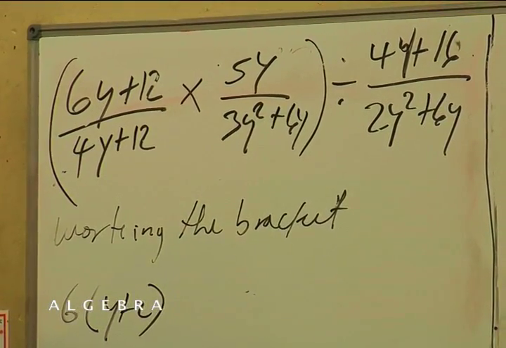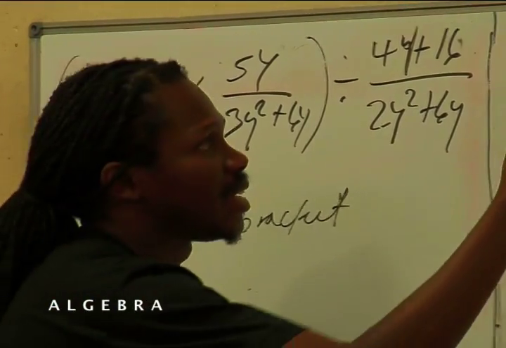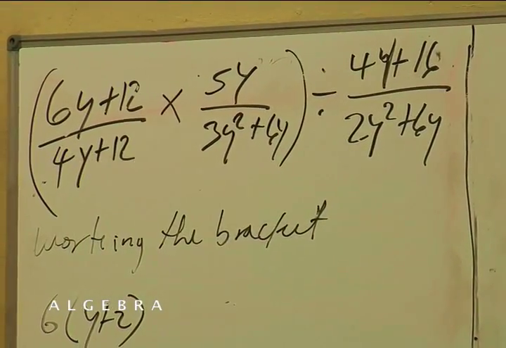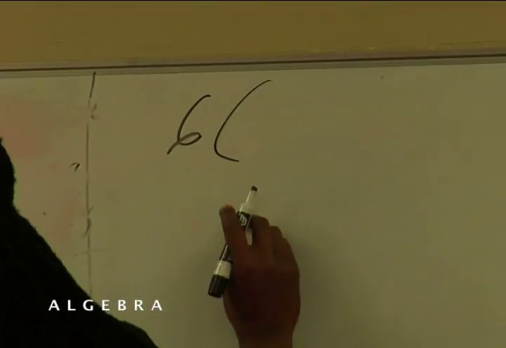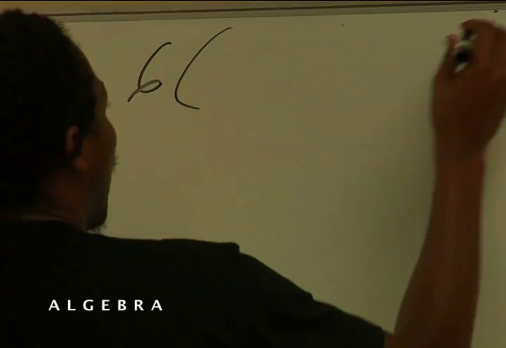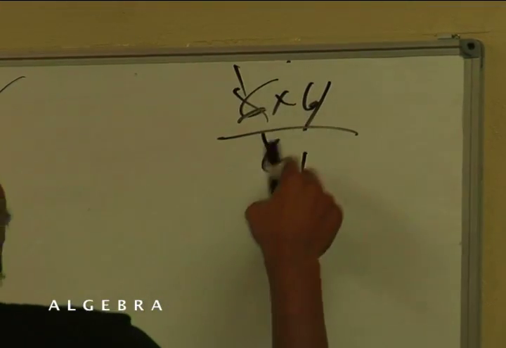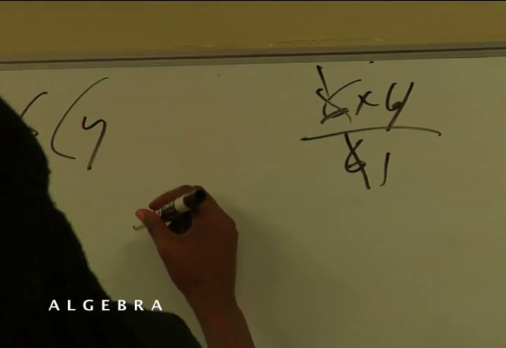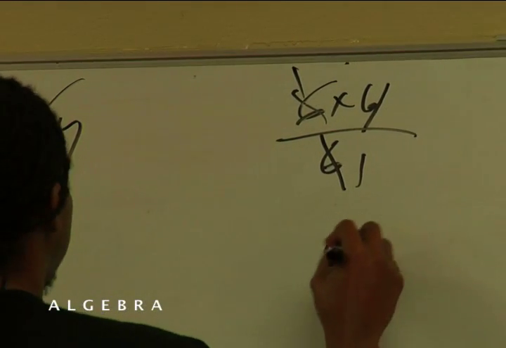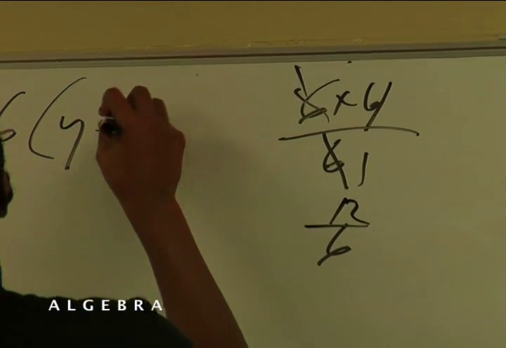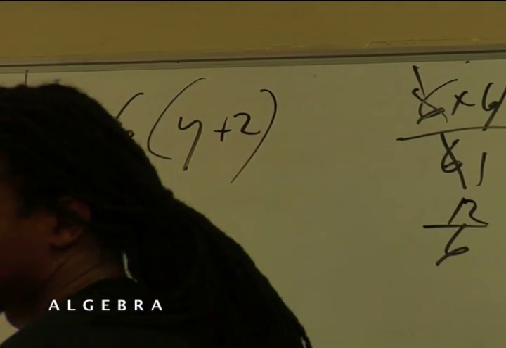Because you ask, what number is common? Number 6. What letter is common? No letter common, so we use a bracket. So you say 6 into 6y. 6 times y over 6, 1, 1 equals y. 6 into 12, 2, plus 2. You see that?